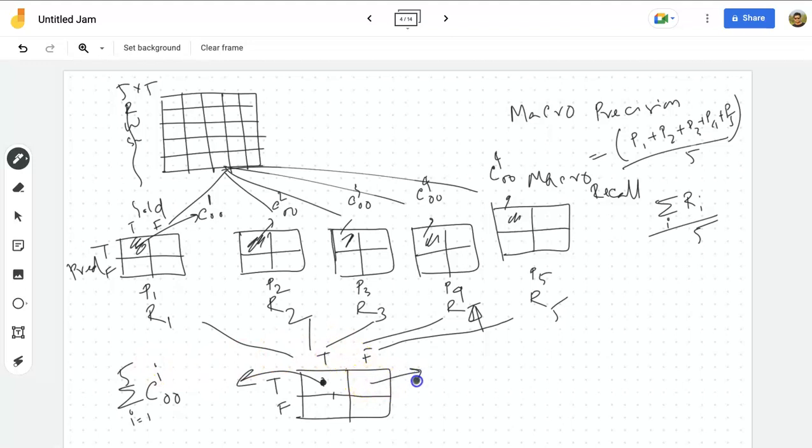Similarly for the second cells, the third cell and the fourth cell, you can calculate the sum across all these tables.